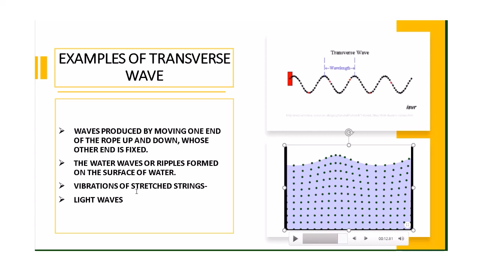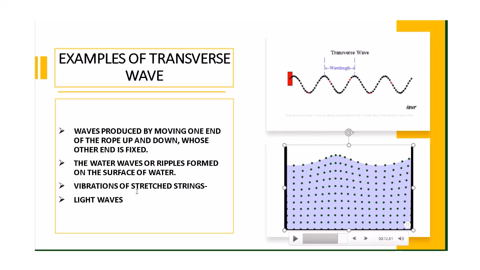Third example is that of vibrations of stretched strings. And finally, the light waves are also transverse in nature. If you remember, in the previous video when we were discussing the differences between light waves and sound waves, I clearly mentioned one more important point of difference between the two, and that is that sound waves are longitudinal in nature while light waves are transverse in nature.